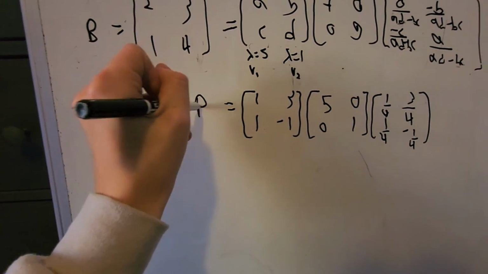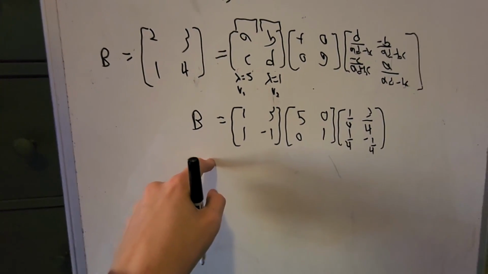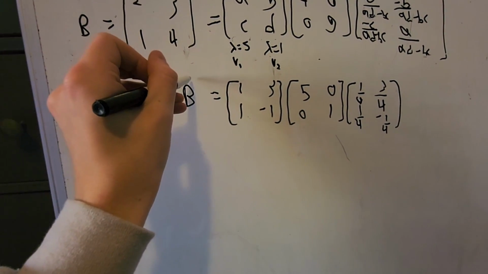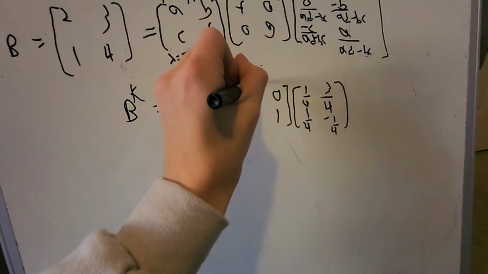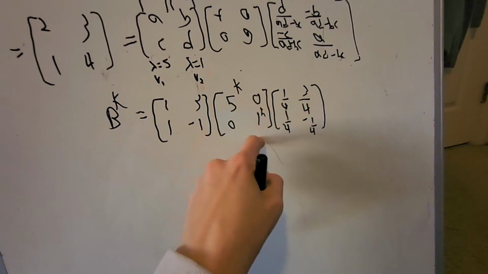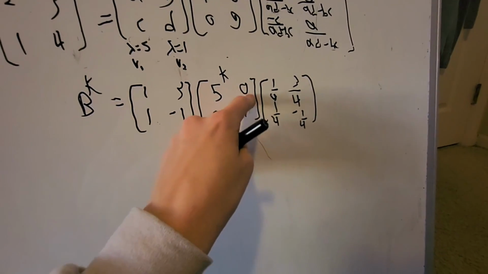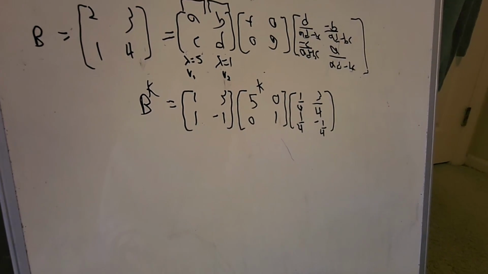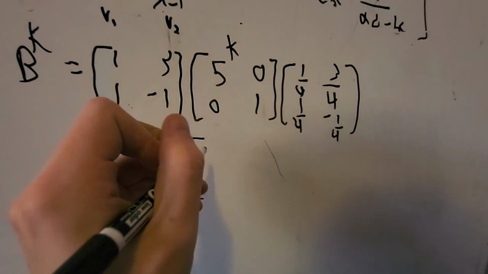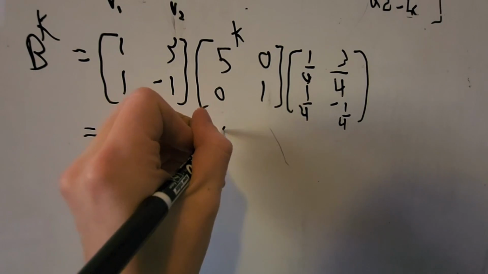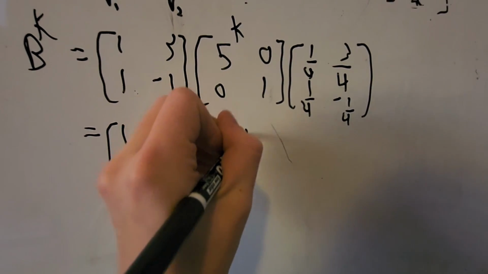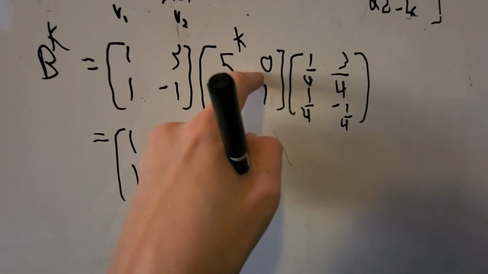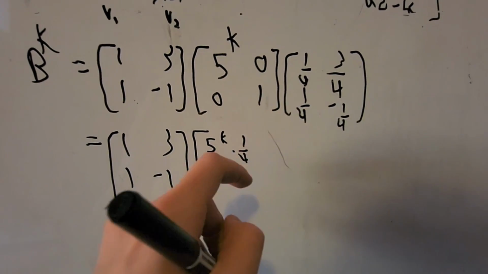So now this is our matrix B. So if I said B to the K, because this is one we don't even have to do, K. Okay, so now we do multiplication, 5 to the K times 1/4, plus 0 times 1/4.